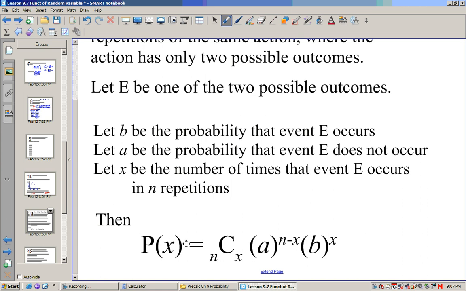So then the probability of X will be n choose X times A to the n minus X times B to the X. That's a formula. It works, but if you understand how to use the binomial expansion, you don't actually have to use the formula each time.